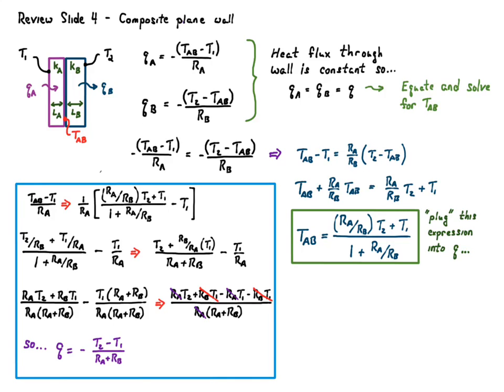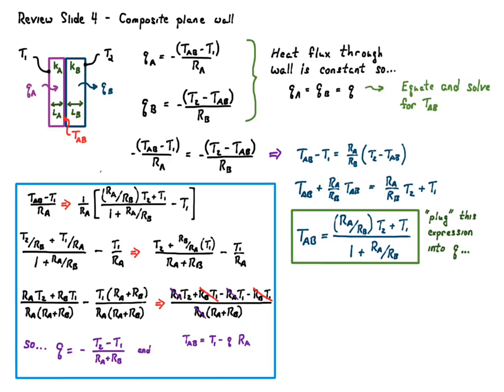In this case, we see that the heat rate through the composite plane wall is equal to Fourier's law, which is now modified by having a total or a sum of the thermal resistances.